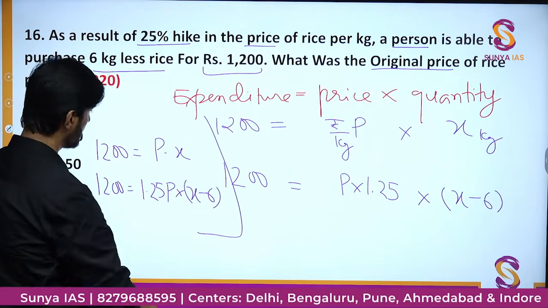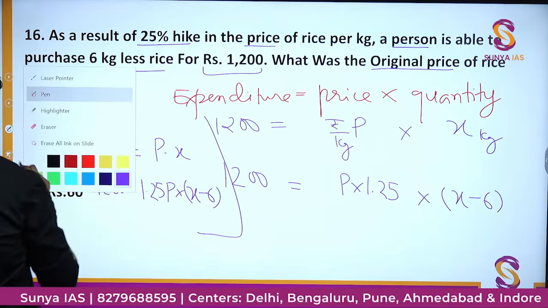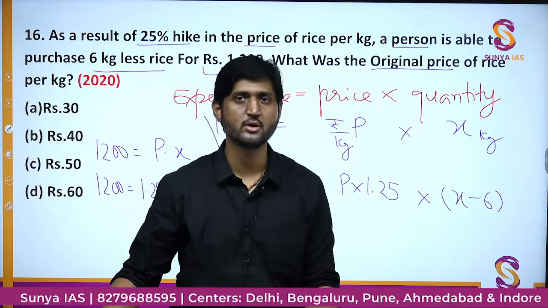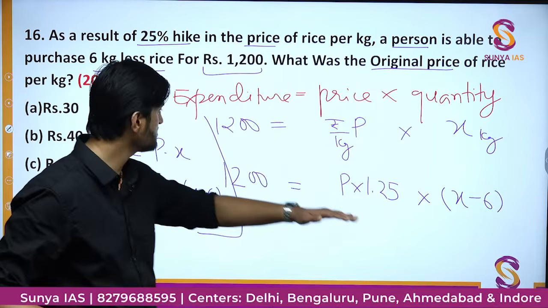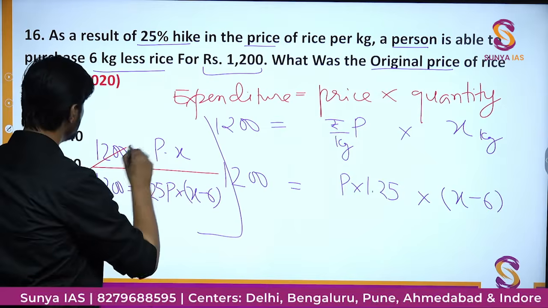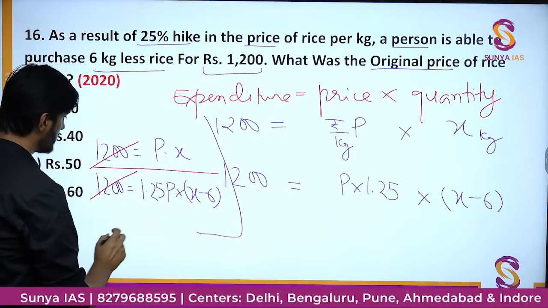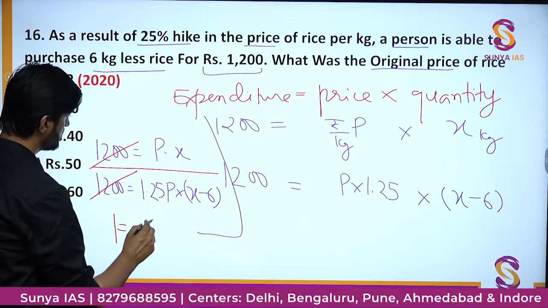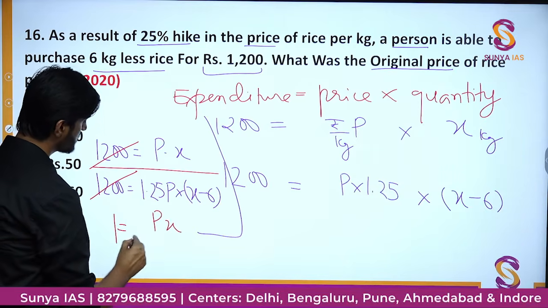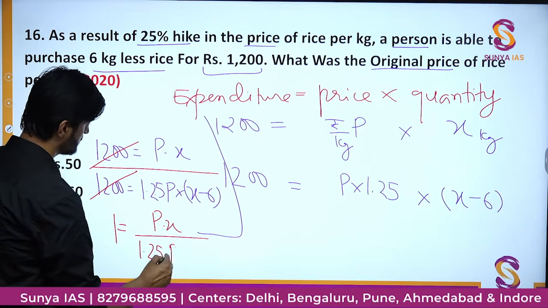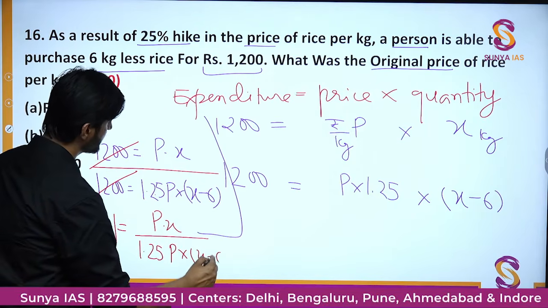In order to solve these equations and get the final price and final quantity, what do we have to do? In the calculation part, we just divide these equations. If we divide these equations, you will get 1 is equal to PX upon 1.25 P into (X minus 6).